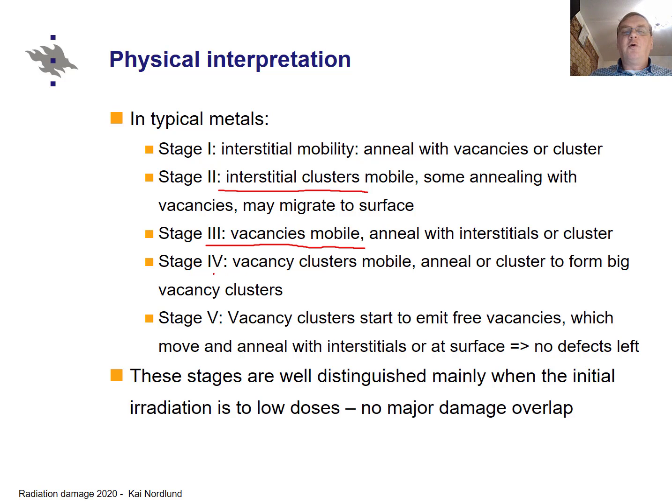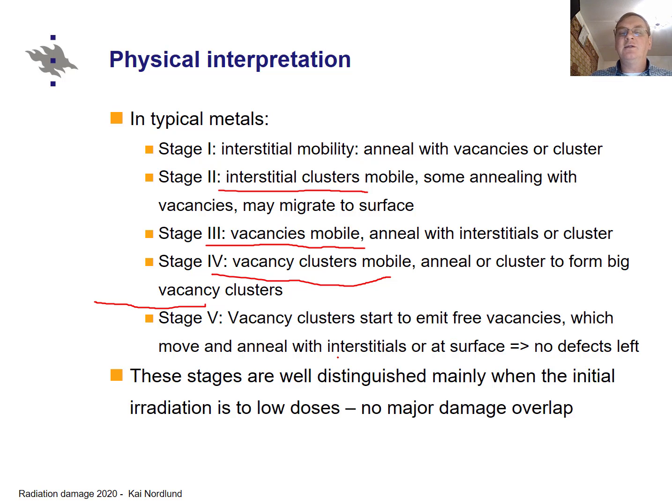And then you have stage 4, where vacancy clusters become mobile to anneal or cluster to form big vacancies. And after these 4 stages, all interstitials are gone, and the vacancies have all formed big vacancy clusters which are not mobile. But finally, at some temperatures, the vacancy cluster starts to emit single free vacancies, which at that temperature already are highly mobile and anneal with interstitials.